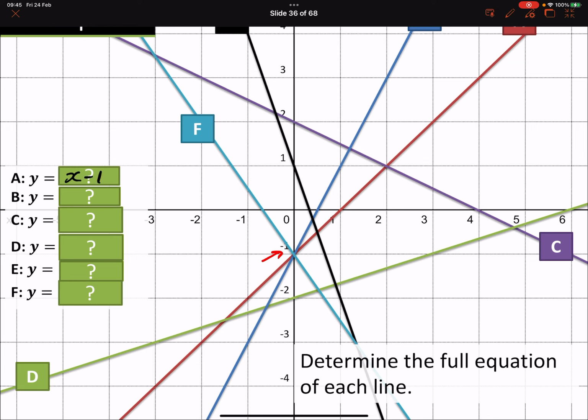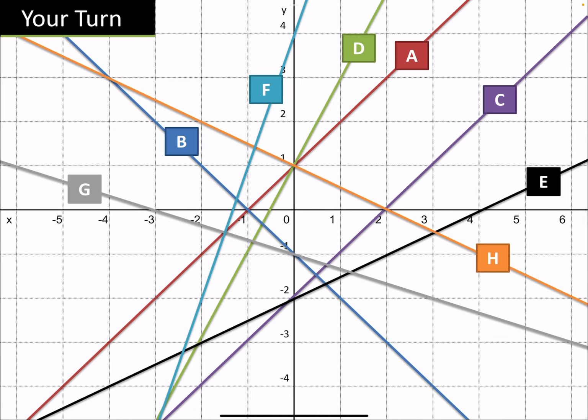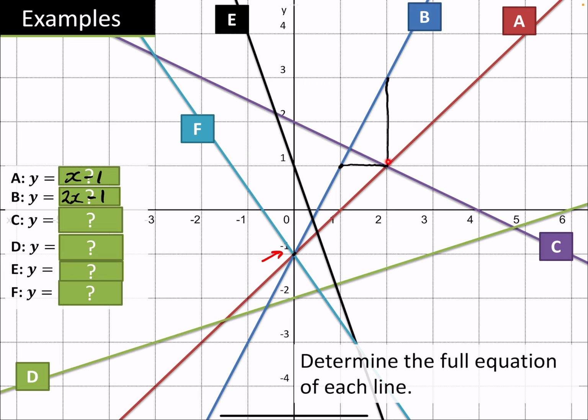Okay, line B, okay? Let's start here at this vertex. For every 1 we go across, we're going up 2, so the gradient is 2. So I'll start with y equals 2x. The y-intercept is -1 again, so -1. Dead easy, okay? C, I'll start here.